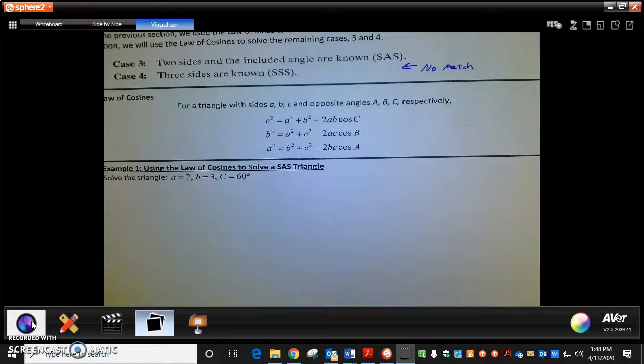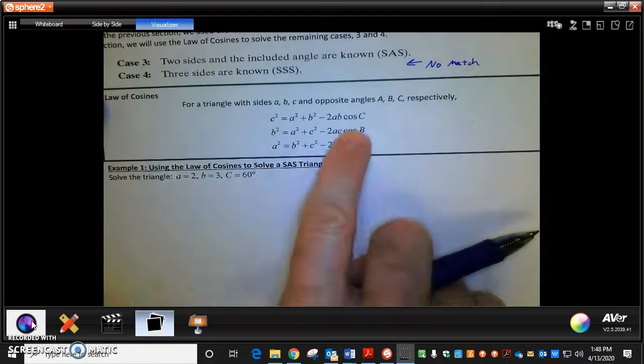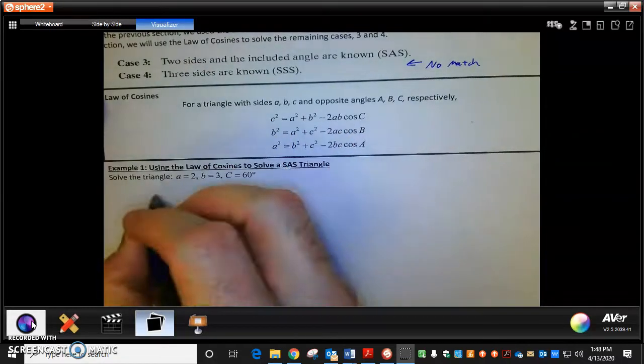Okay? So let me show you how this works. The first thing, I'm going to plug in what I know. The one thing I don't know is little c. We're going to be finding little c.